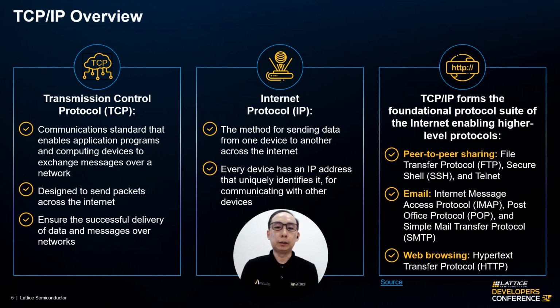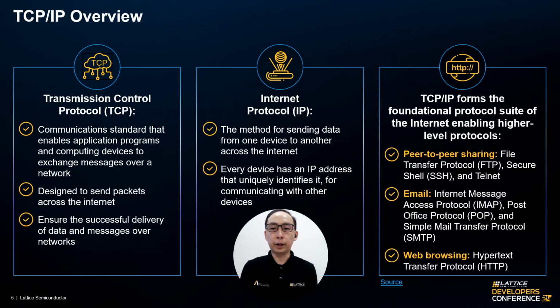This is the method for sending data from one device to another across the internet. In the IP case, every device is assigned a unique address that is used to identify the device solely for communication purposes with other devices.